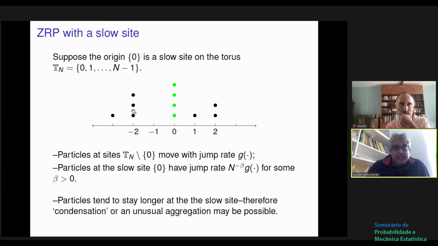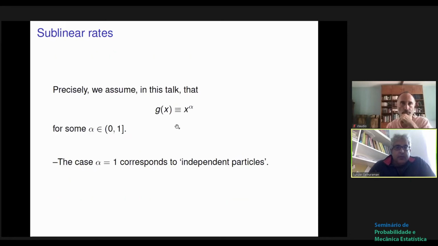So that's something that can be understood. If g of 3 is equal to 3, you can think of each particle as carrying its own exponential 1 clock and not interacting with the others. Okay, so we're allowing alpha to go from 0 to 1. Alpha equals 0 would be maybe a bounded rate case, and we'll have something to say about that at the end. So at the moment, we'll take alpha strictly positive.